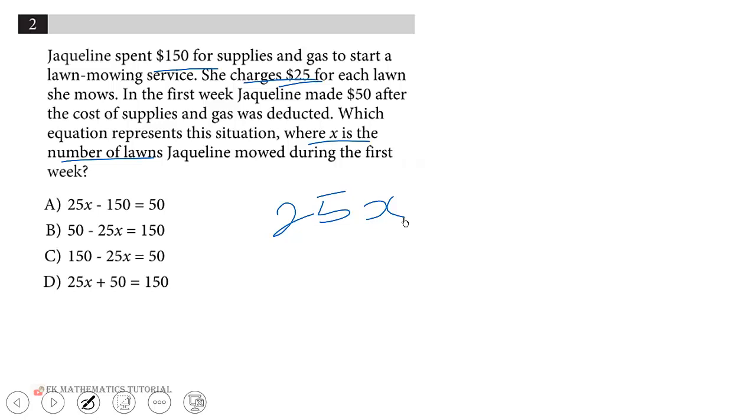And if she deducted the cost of supplies and gas, then that will be minus $150. And we're told that she made $50, so that will be equal to 50. So the correct answer should be option A.